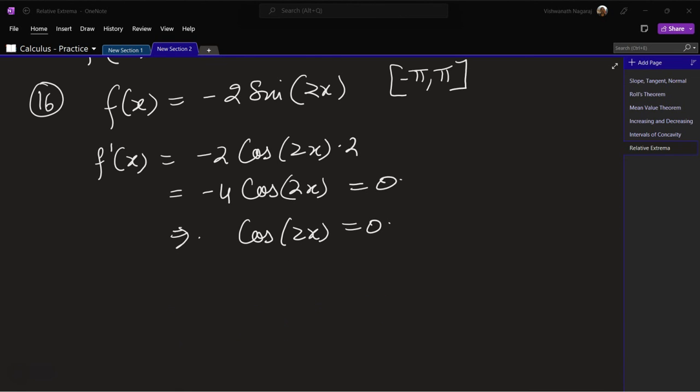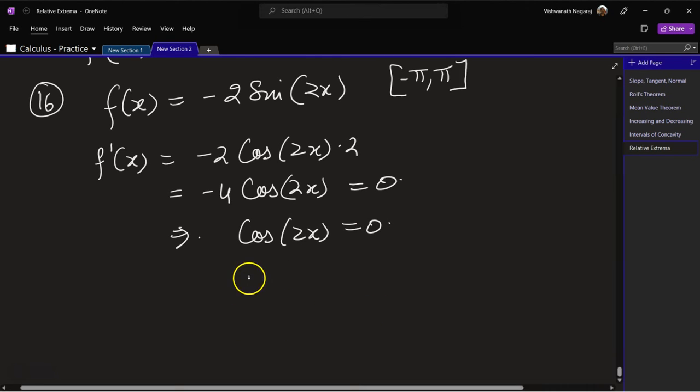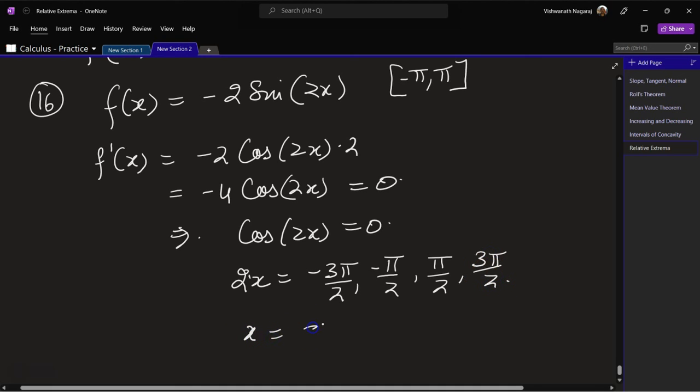This 2x will crunch the graph. So 2x would be equal to minus 3 pi by 2, minus pi by 2, pi by 2 and 3 pi by 2, which means x is going to be minus 3 pi by 4, minus pi by 4, pi by 4 and 3 pi by 4.